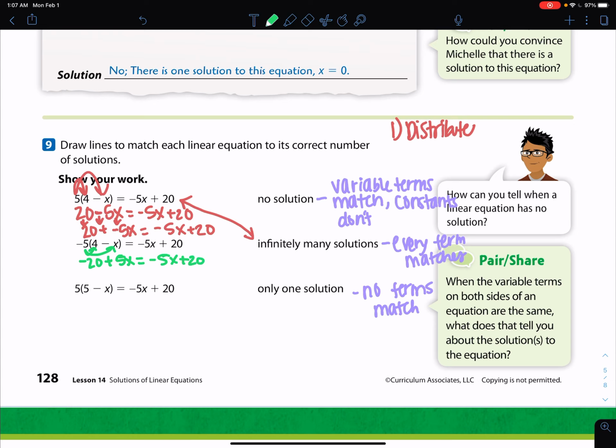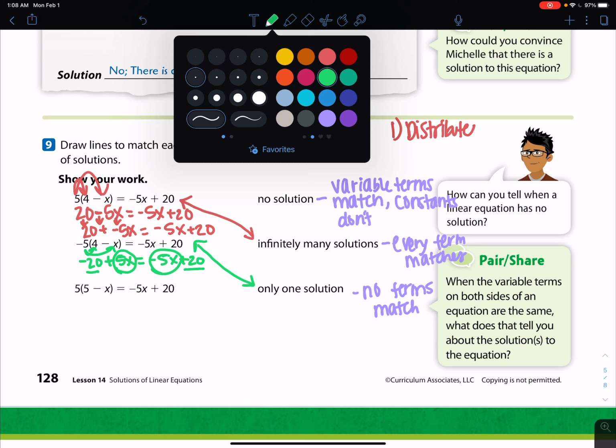So I see a negative 20 on the left, positive 20 on the right. And I also have positive 5x and negative 5x. If you notice, they're very close. They're opposites though. So really none of the terms match. Since that's the case, I'm only going to have one solution.